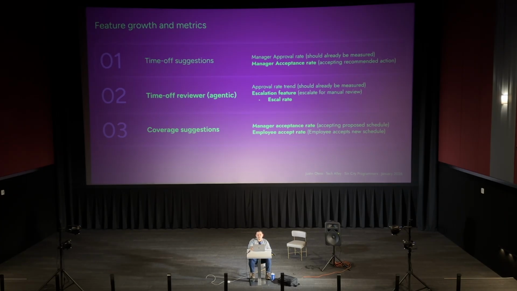And the last thing that we would do is create a scheduler, right? Like a full agent-to-agent workflow where the time off reviewer now communicates with the scheduler. The time off reviewer approves, and the scheduler actually is going to schedule the next person. Why? Because we have data to prove that each touch point is happening and being accepted with high rates, and we get that full continuity, right?